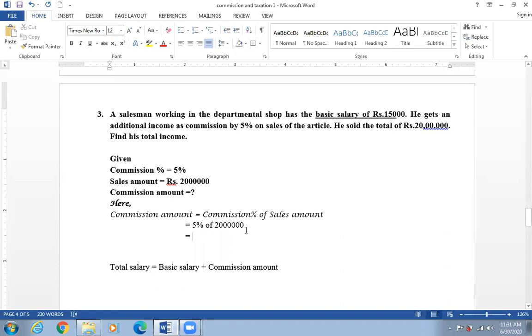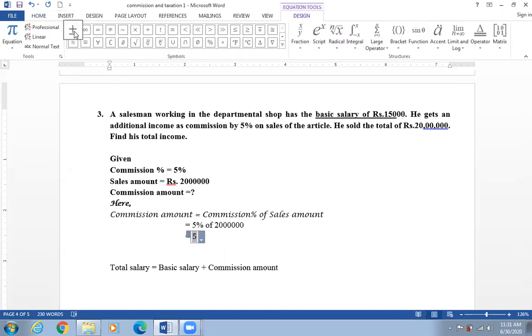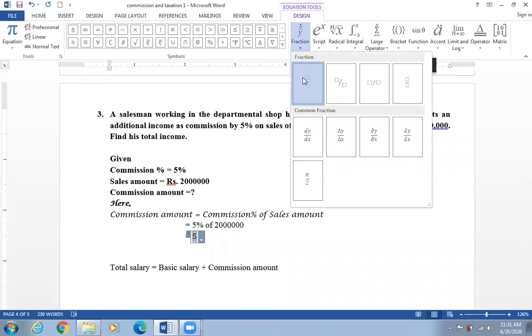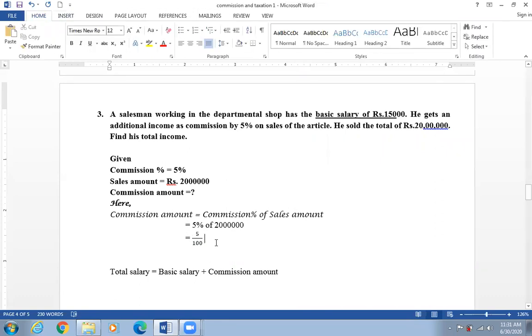So it will be 5 divided by 100. Percentage means 5 divided by 100, because it is percentage. If it is 15%, 15 divided by 100, I think you know it. And of means into. So 20 lakh rupees.